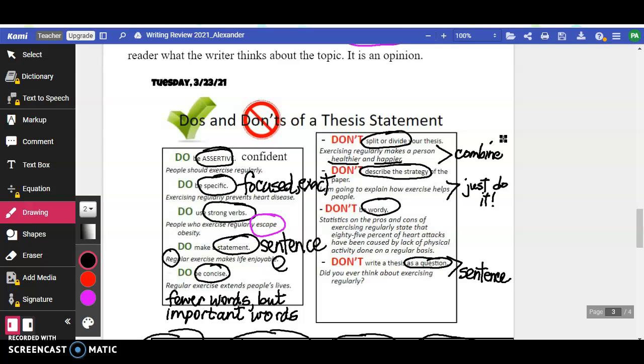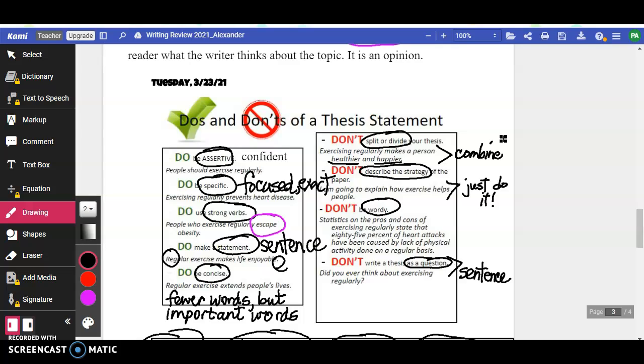A thesis statement should not describe the strategy of the paper. You're too mature of a writer by the 7th grade. You've been taught this lesson many, many times: don't introduce your paper by saying I am going to explain, I'm going to tell you about, or I am writing an essay for.